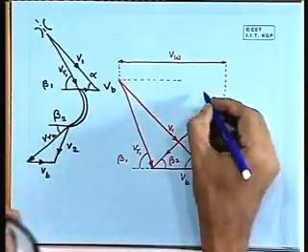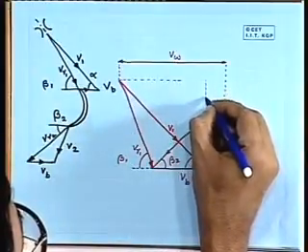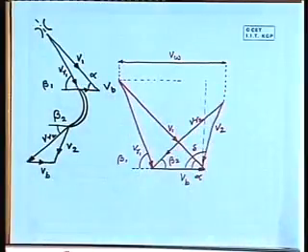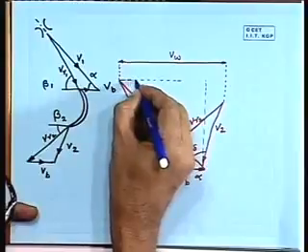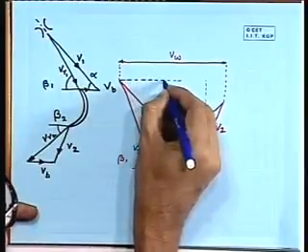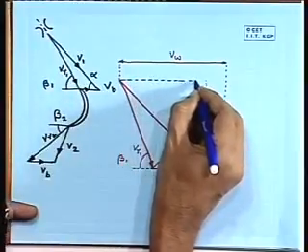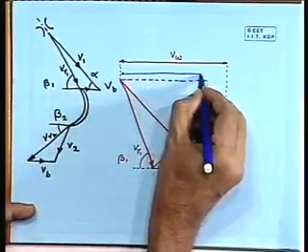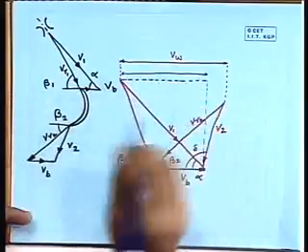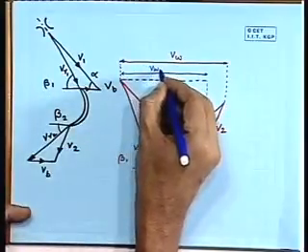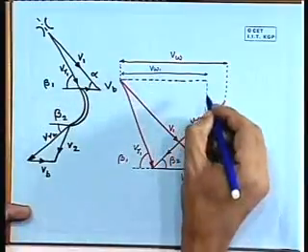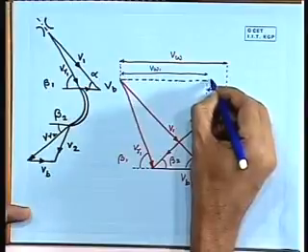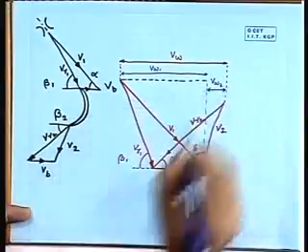Maybe if I use another color, that will be better. This I can call V omega 1 and this I can call V omega 2.